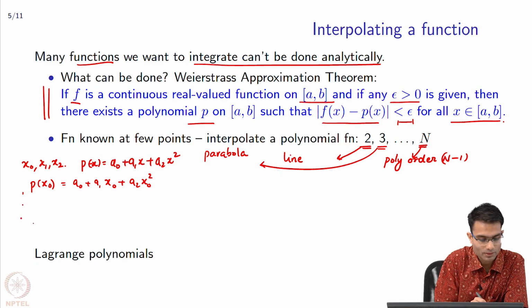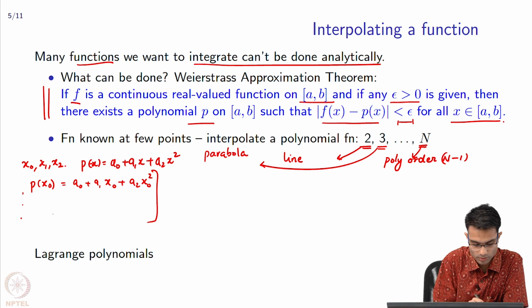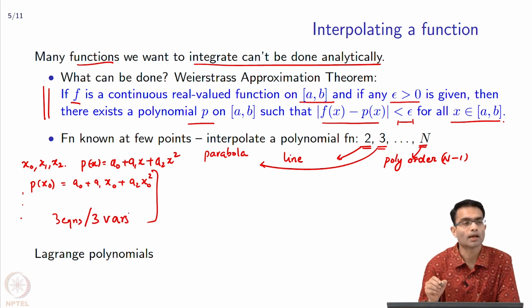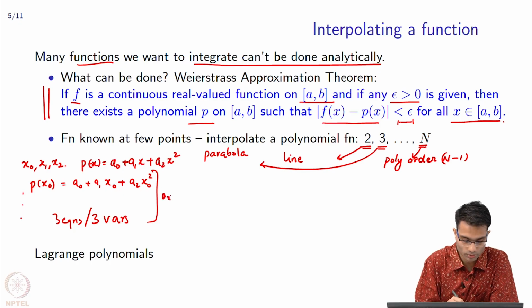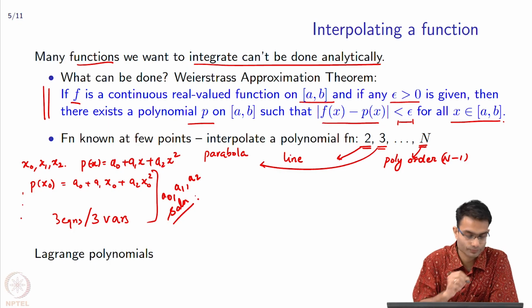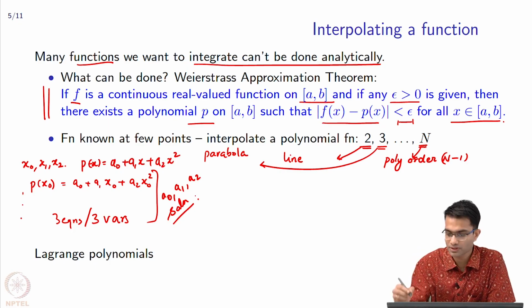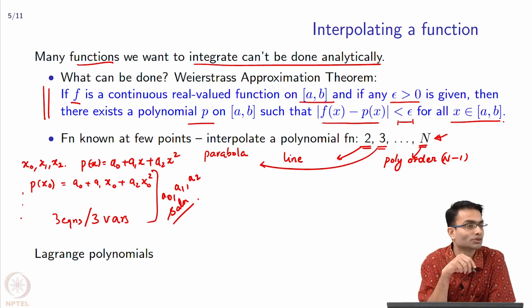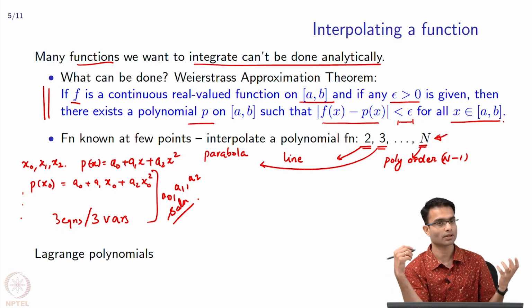Like this I will get 3 equations in 3 variables, and the solution to this will give me a0, a1, a2. Similarly, I can in general reproduce this process for a set of n points also. So I will be solving a system of n equations to get these n coefficients.